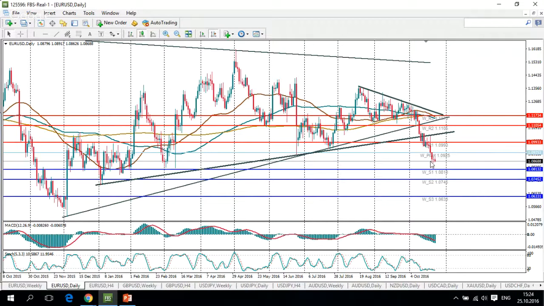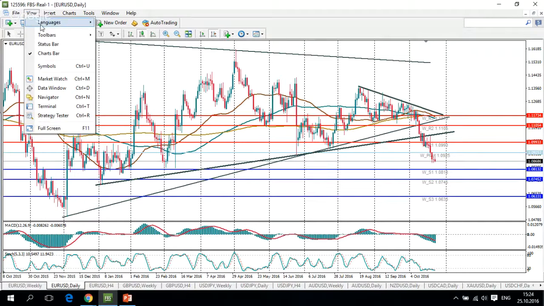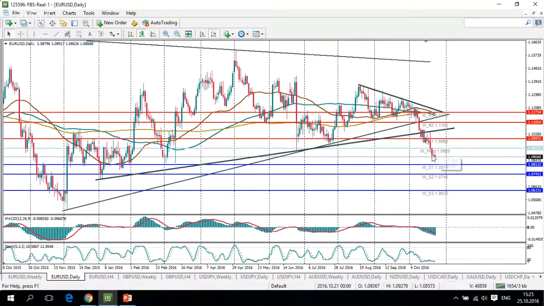109.93. Below the level of, below Monday and Friday's minimums, around 108.58, we will have our focus changed to this pivot support level I have mentioned.